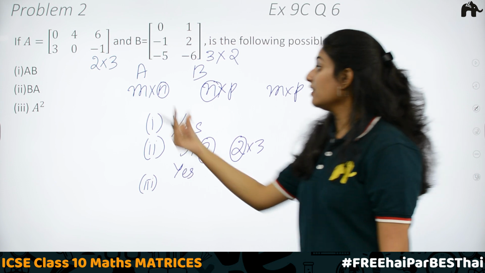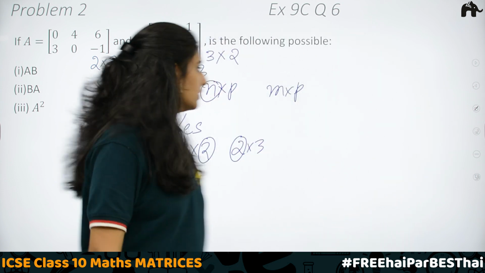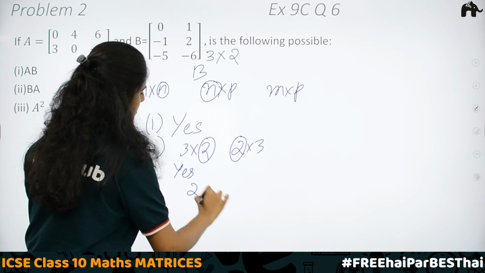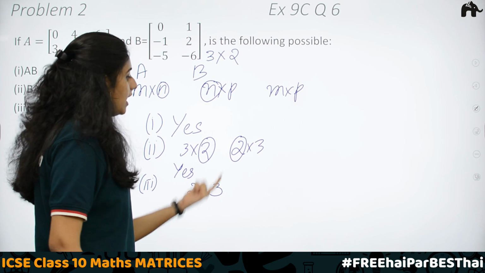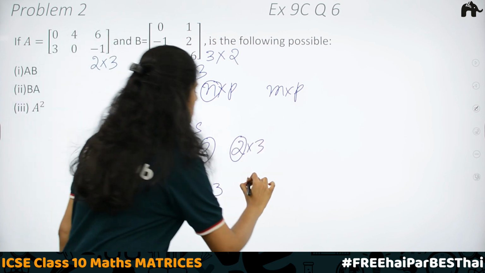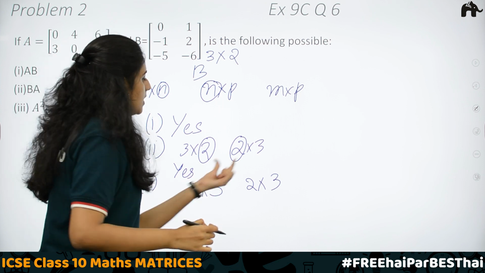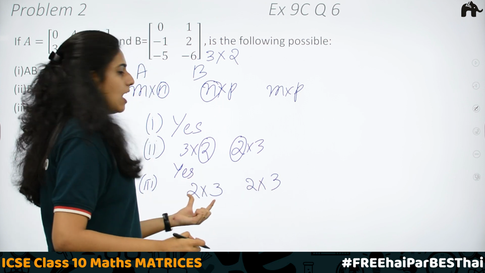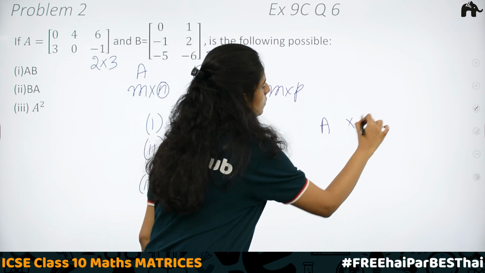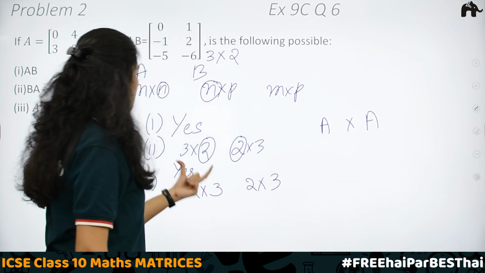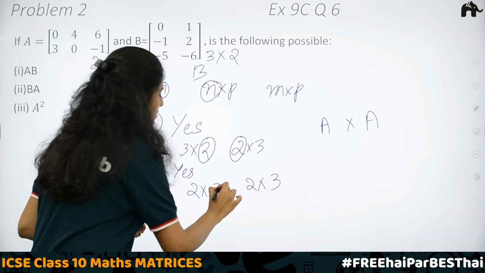Now the third one. We have to find if A square is possible. How to check if A square is possible? A is a 2 by 3 matrix. We are multiplying this A again with A. That is also a 2 by 3 matrix. We are multiplying the same matrix. 2 by 3 matrix into 2 by 3 matrix. What happens here in the first part? A into A. Here the number of columns is equal to 1, 2, 3. 3 columns.